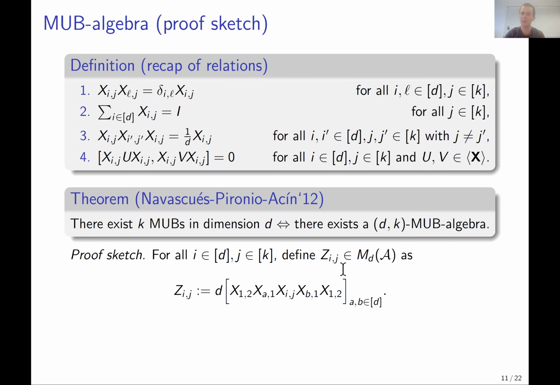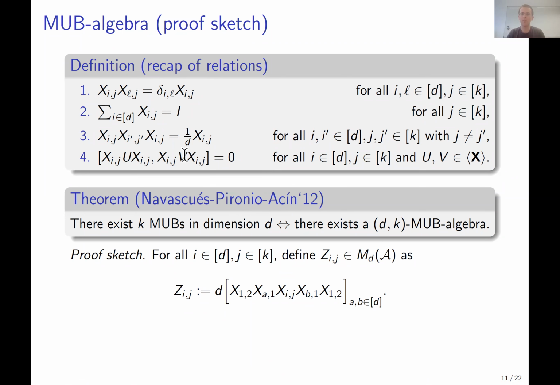So let me give a sketch of the proof of this nice result. Here I've just recapped the relations that define this MUP algebra. Basically, they start with a C-star algebra that satisfies these relations. As I said, it doesn't have dimension D, so they're not D by D matrices. If they were D by D matrices, we would be done.